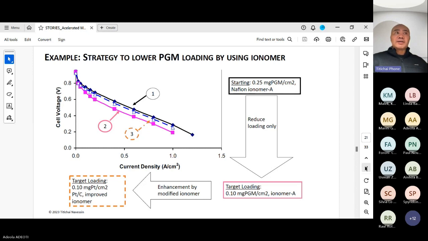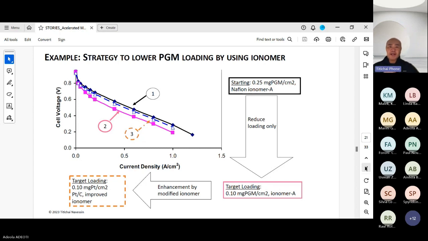So this is only a simplistic view of maximizing catalyst layer performance, not really optimizing overall. As you can imagine, we are looking at multiple variable parameters in the optimization design envelope. That means in order to do this, we need a massive scale of experiments, and of course, time and resources to do this. And this is just for a specific type of catalyst and specific type of ionomer.